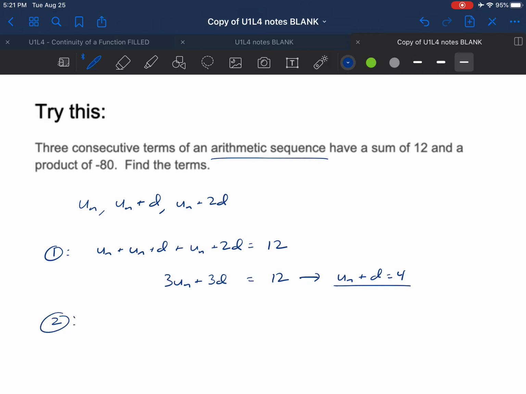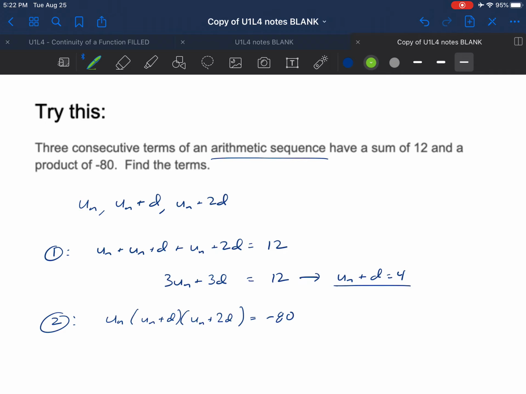Second, the product is negative 80, so that means multiplying: u sub n times u sub n plus d times u sub n plus 2d. The product of all 3 multiplied together is equal to negative 80. What I'm going to do now is a substitution.